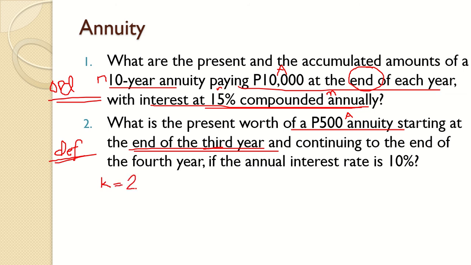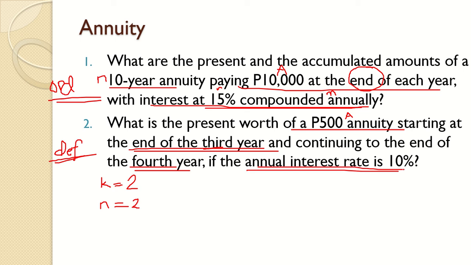Dayon, yun siya nga continuing to the end of the fourth year, meaning tamang ra sa ika-upat nga tuig. So, kung imong tanawon, pila man kay years sugod sa iyang permiro nga pagbayad. So, third year and the fourth year. So, your N is equal to 2. Now, compounding is annual.